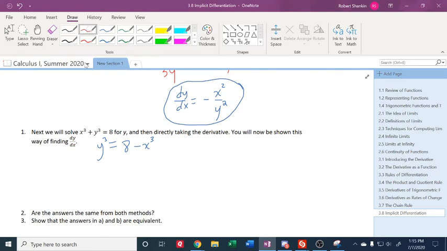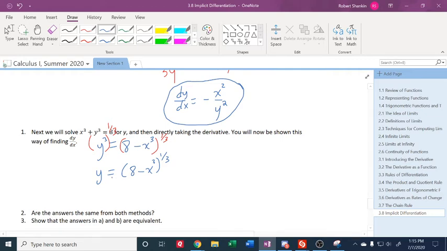So if you raise both sides to the 1/3 power, power to power you multiply, you just get y. Now, why did I prefer raising to the 1/3 instead of cube rooting?